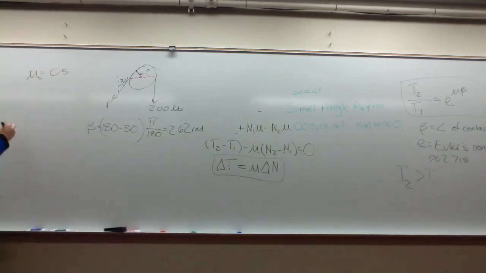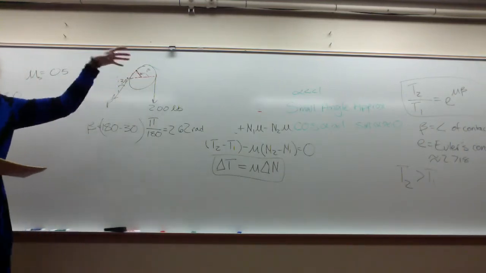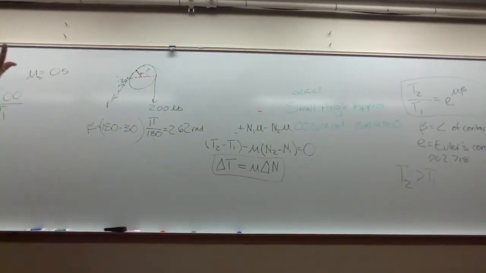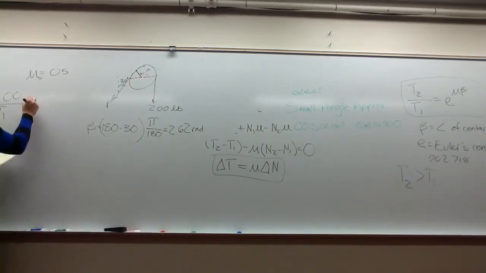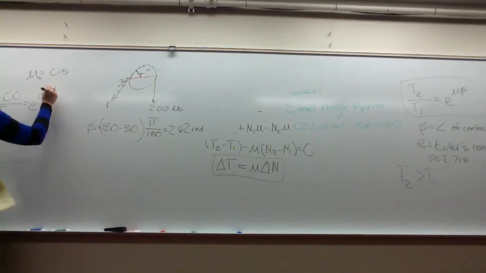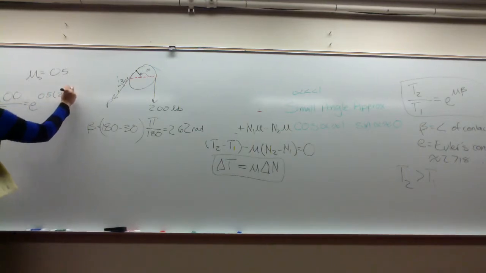T2, because what we asked earlier, it has to be larger than T1, because our P is using our friction force along the surface of the pulley. So we have 200 over T1 equals e to 0.5 times 2.62.